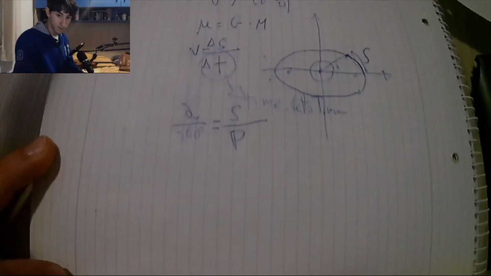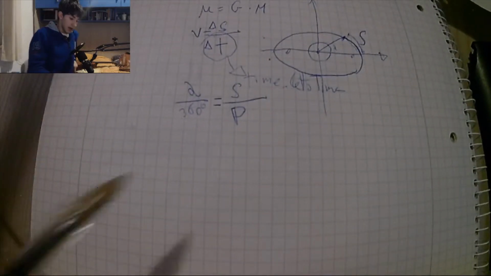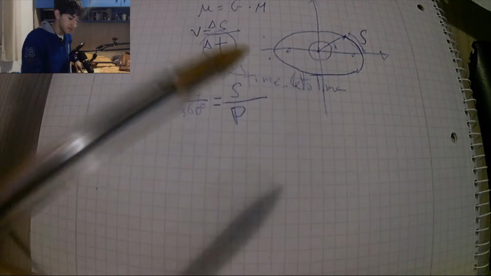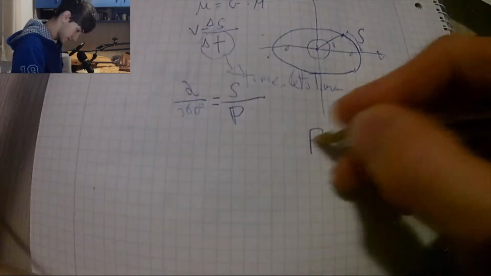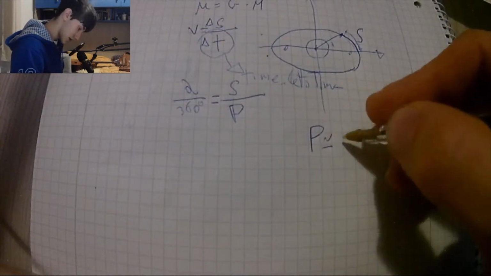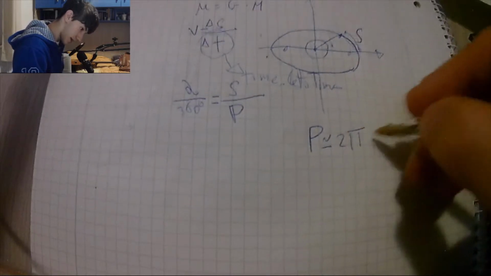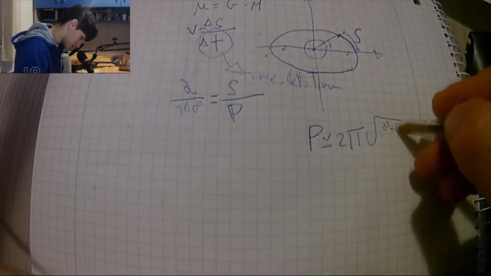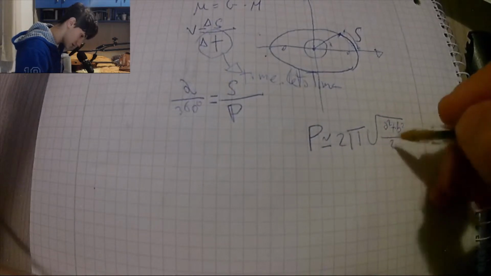How do we find p? Well, the answer to this question involves calculus again, but we want to approximate the value as around 2 pi times the square root of a squared plus b squared divided by 2.